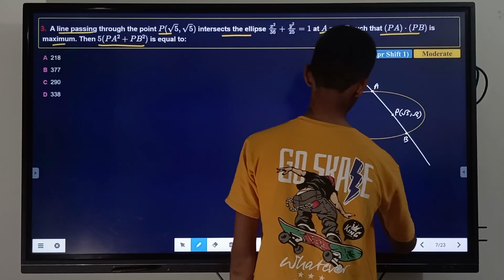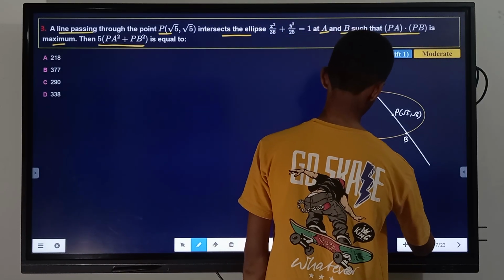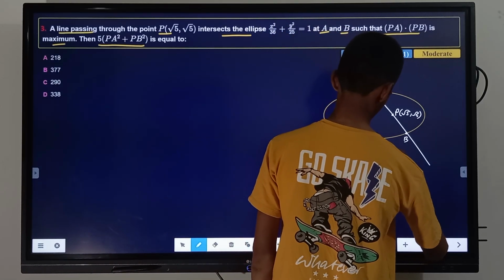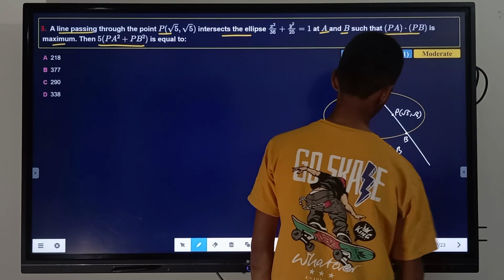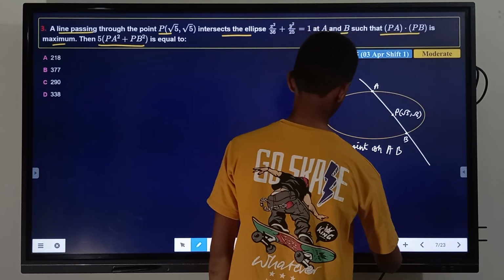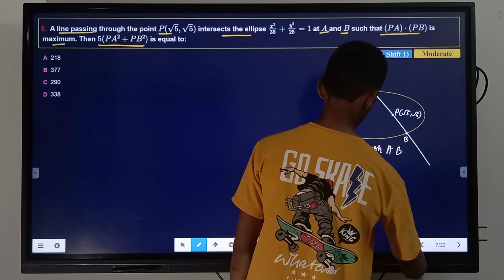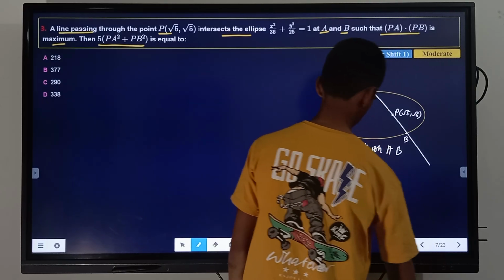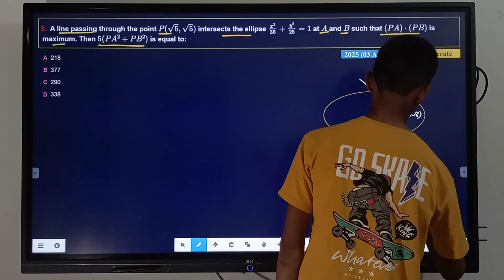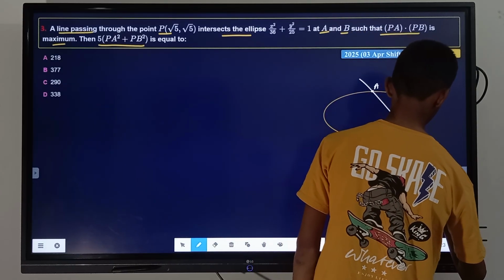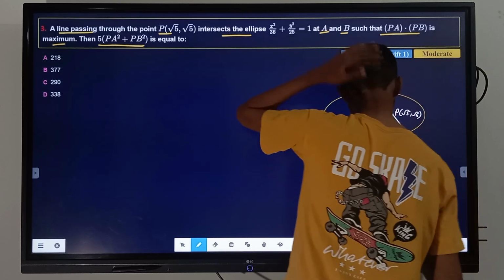Now we can say any point on AB as (root 5 plus r cos theta, root 5 plus r sin theta).